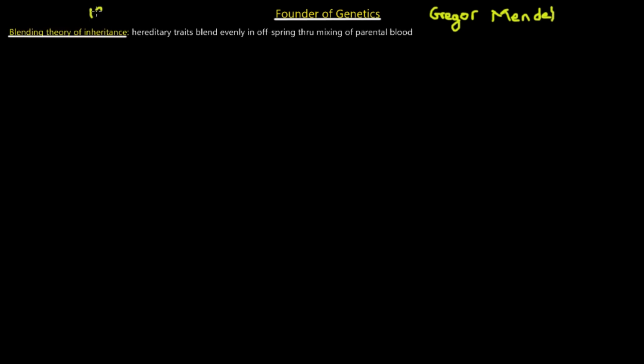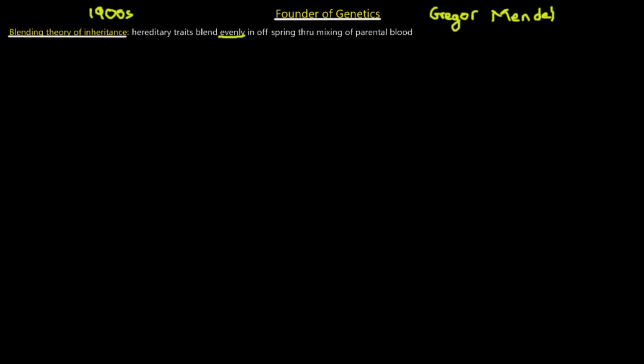In the early 1900s, scientists typically believed that offspring are made up of an even mixing of parental blood, and therefore generate traits that evenly mesh between the father and the mother. However, we know today that this is not true.